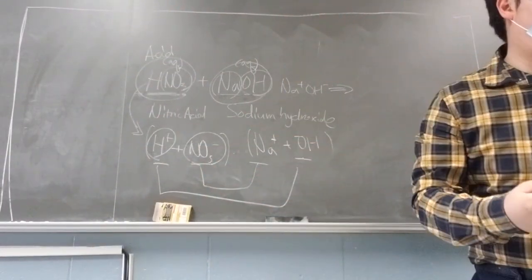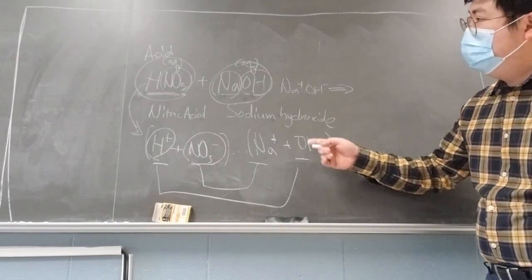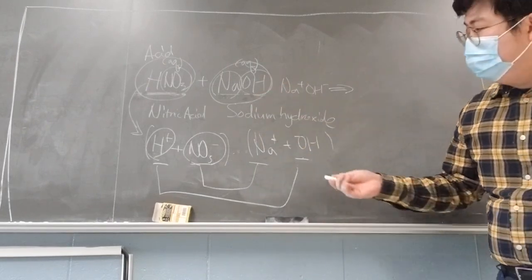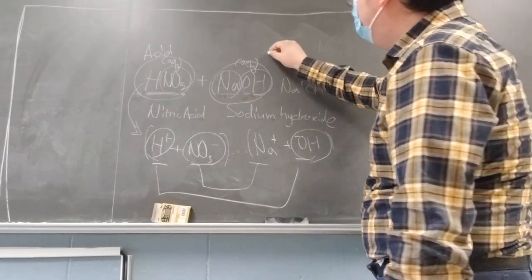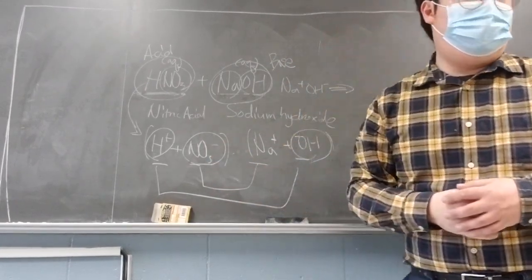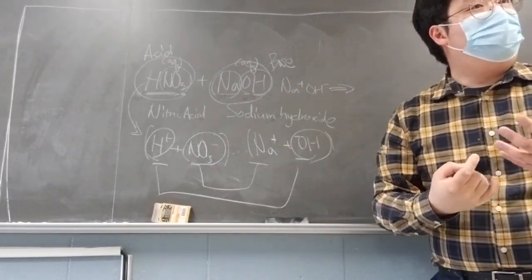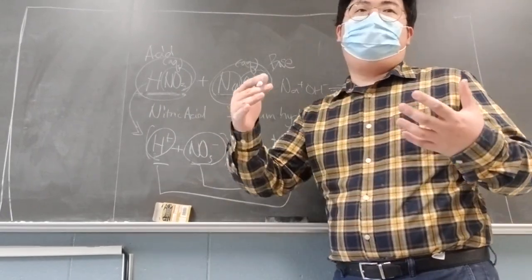How about this one? We have sodium hydroxide here. Once again, in the ionic form, there's a sodium cation and hydroxide anion. In that case, this compound will give us lots of hydroxide anion, which is what? Base, perfect. So in this case, we're mixing not just compounds, but acid and base together. We call this neutralization. You have something acidic and something basic.